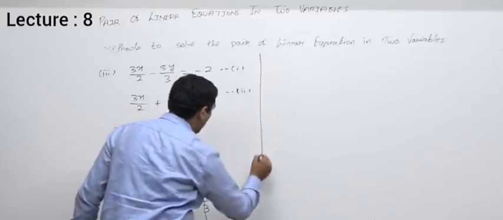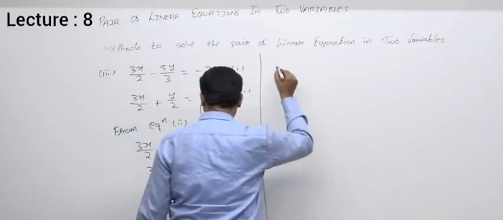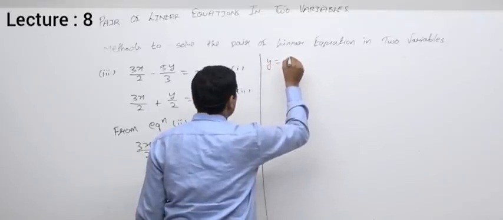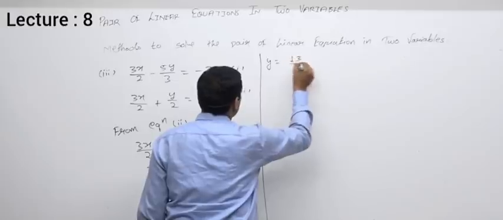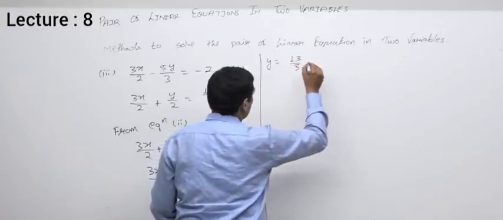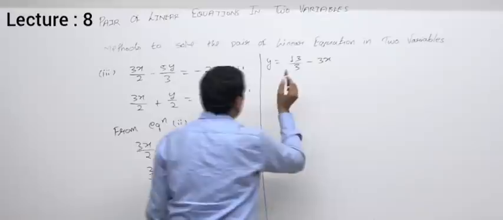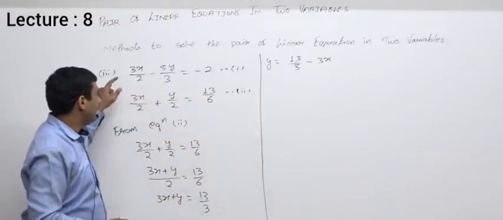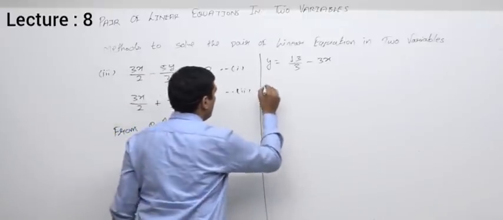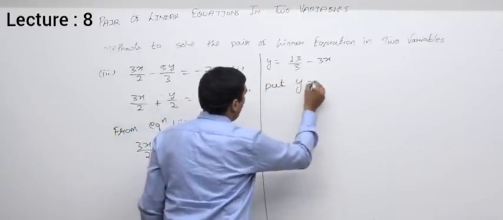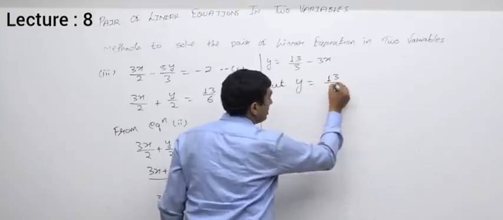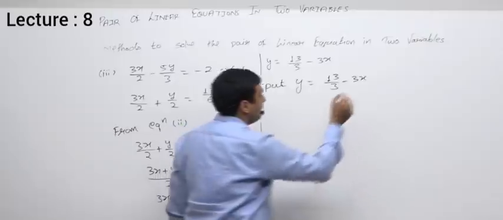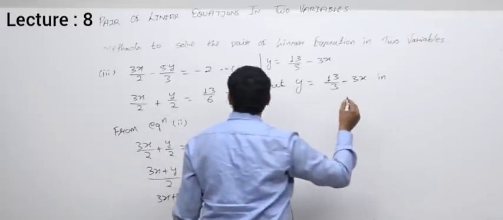So this time the value of y, from here I can say y is equal to 13 by 3 minus 3x. Now we'll put this value of y, 13 by 3 minus 3x, in equation number 1.